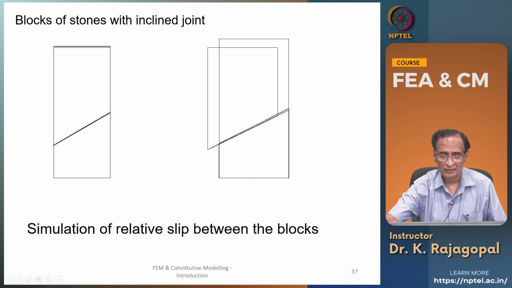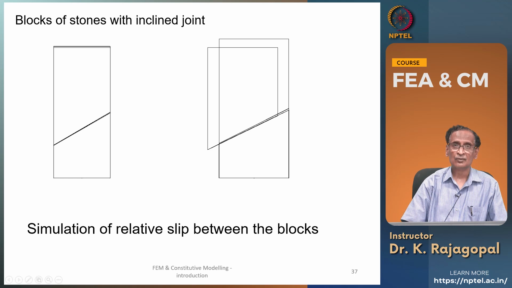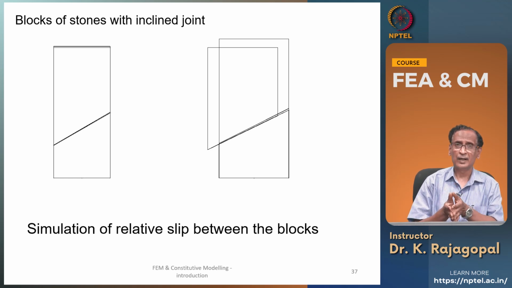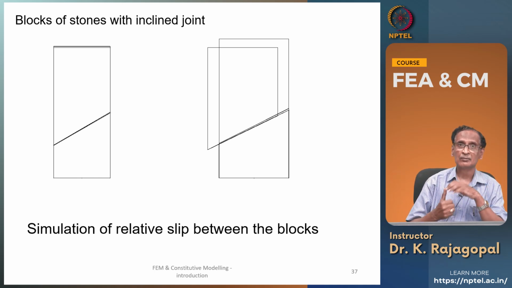Initially both the upper and bottom ones are going to deform together, but then after the failure, the upper block is going to slide along this surface, and whatever finite element analysis we do should be able to replicate this sliding. Okay. And so that also we are going to discuss as part of this course.